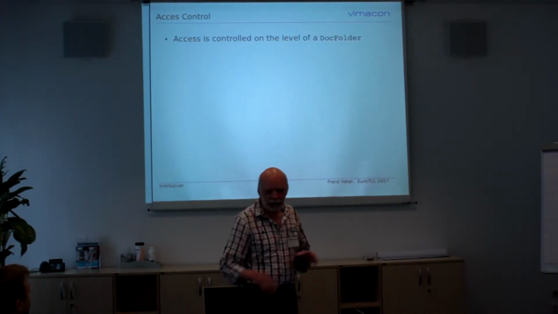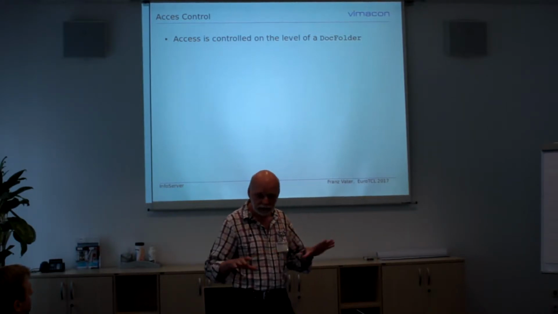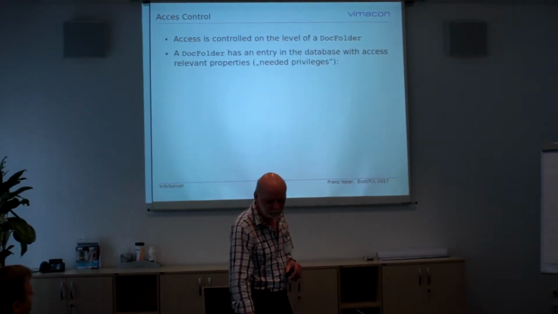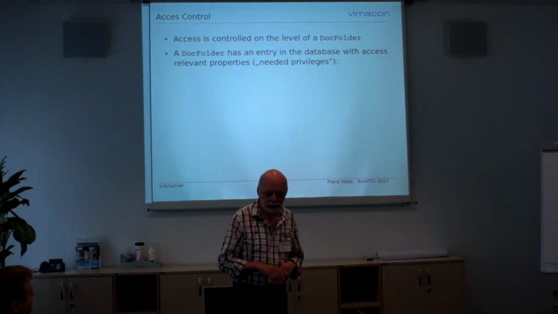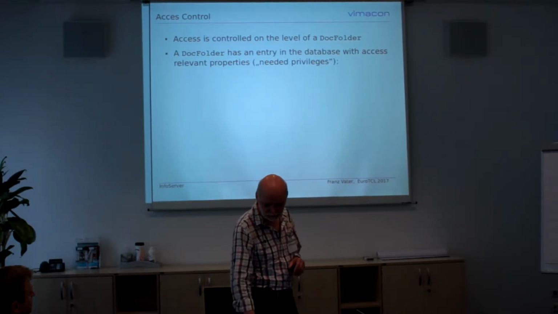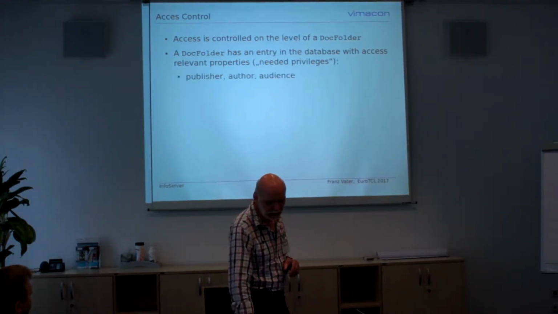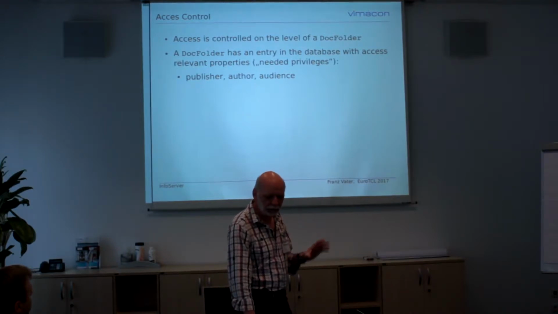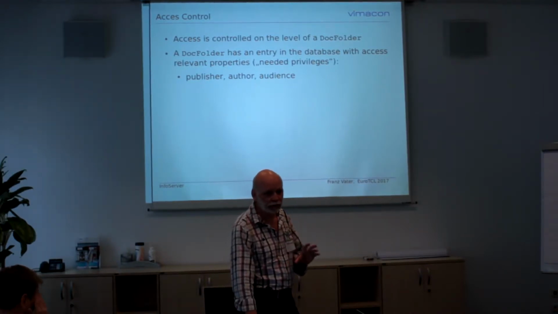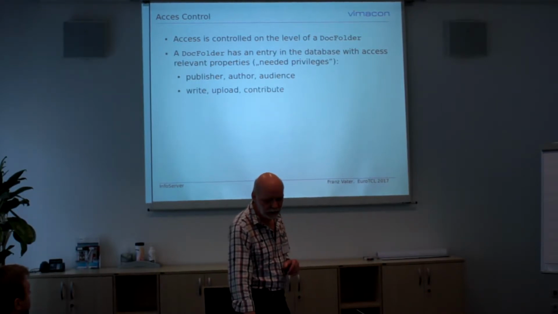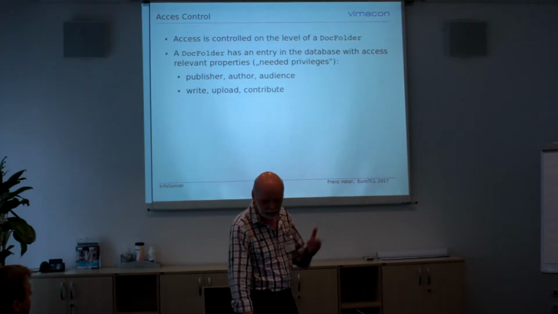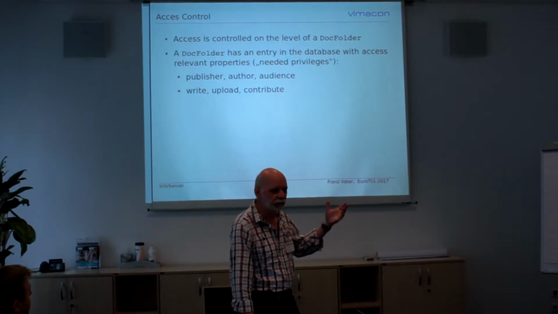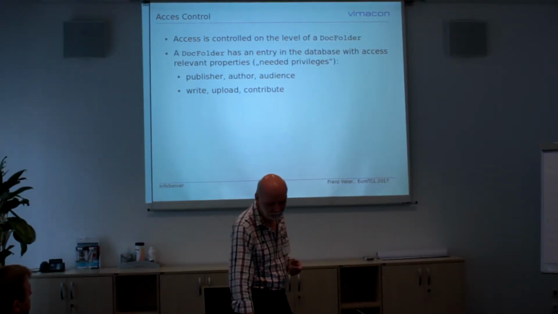So access is controlled, as I said, on the level of doc folders. Every doc folder has an entry in the database with some access relevant properties, the so-called needed privileges. And this is in one part publisher, author, audience, which is more role specific. And there are more like write, upload, and contribute, where upload is clear and contribute means something like having the permission to contribute to a discussion or to a blog or so.